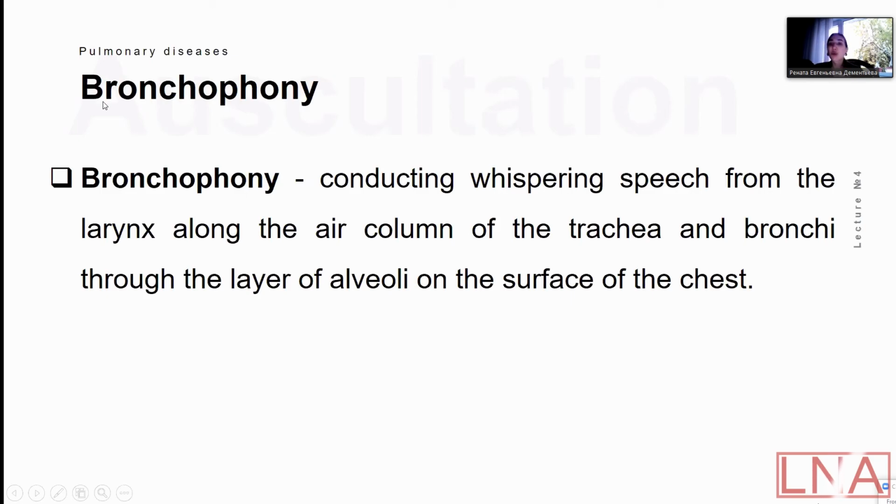The last moment in auscultation, it's only one method, it's bronchophony. Practically, it's a similar method to vocal fremitus, but using a stethophonendoscope. Bronchophony is the conduction of whispered speech from the larynx along the air column of the trachea and bronchi through the alveoli to the surface of the chest.